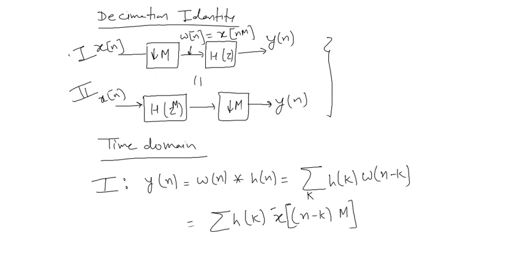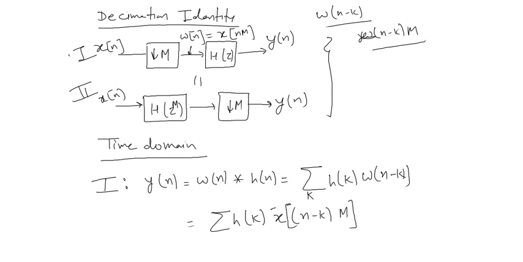This will be the output, because I just replaced w of n minus k by x of (n minus k) times M.